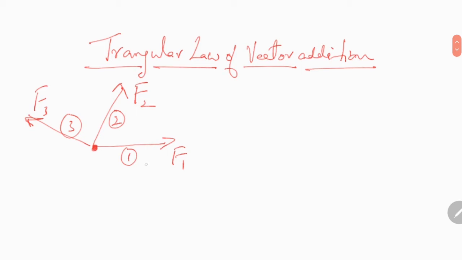So what that means is, let's start. Let's redraw this. Let me explain this. So let's draw the first force here. First force, this is the tail of the vector, and this is F1, right? So this is the tail part and this is the head part. Now the second force, so this is our first one. The second one is F2.